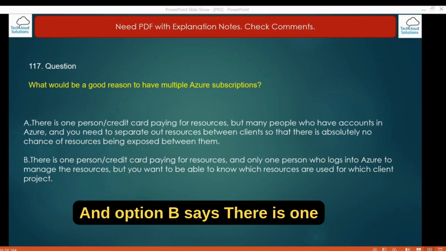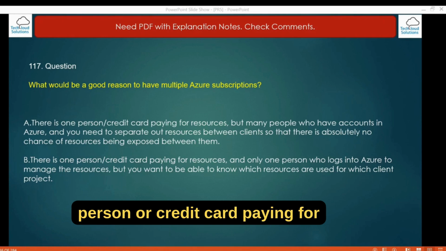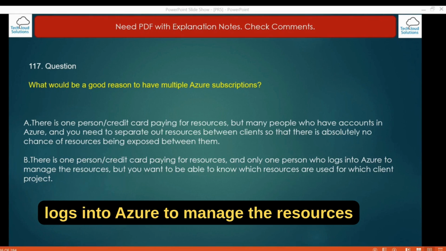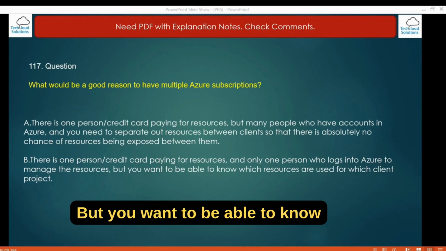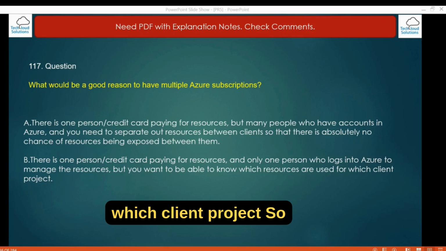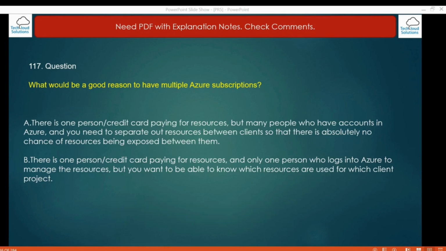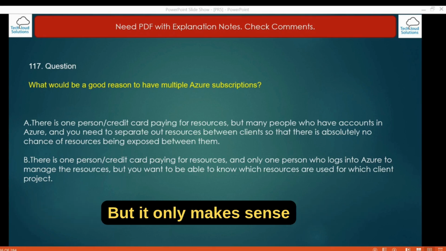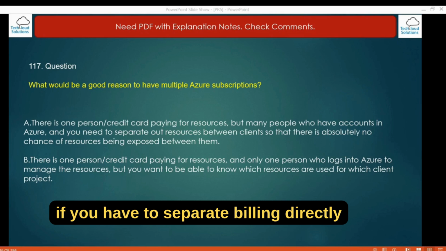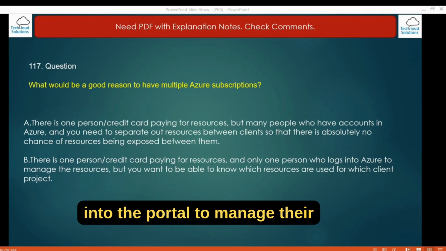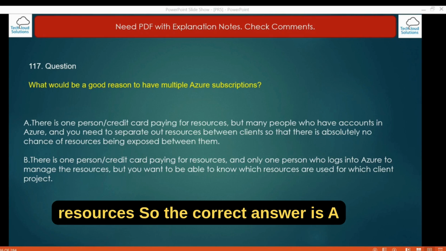And option B says there is one person or credit card paying for resources and only one person who logs into Azure to manage the resources, but you want to be able to know which resources are used for which client project. So having multiple subscriptions can technically be done for any reason, but it only makes sense if you have to separate billing directly or have actual clients logging into the portal to manage their resources. So the correct answer is A.